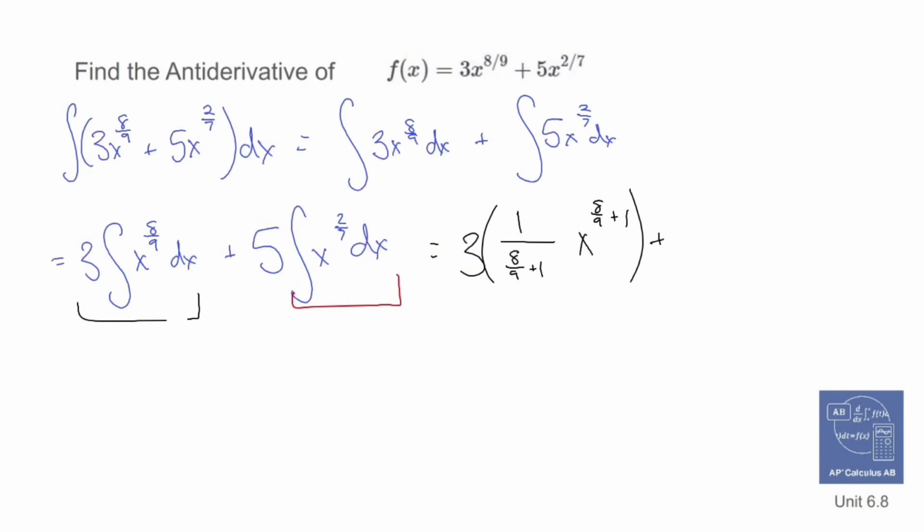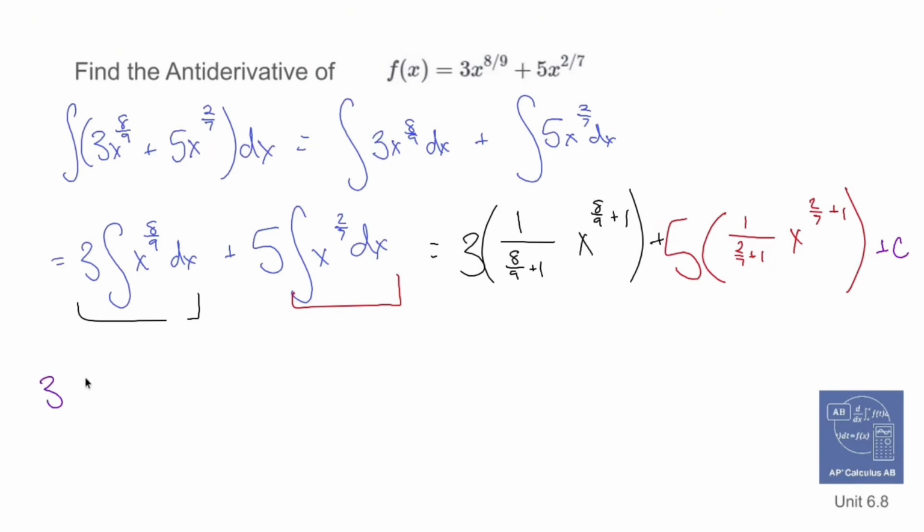Plus sign. Let 5 linger, like that Cranberry song. And then you're going to put 1 over 2 sevenths plus 1, x to the 2 sevenths plus 1. Now, since this is an indefinite integral, we cannot forget our little plus c at the end. So let's not forget that.